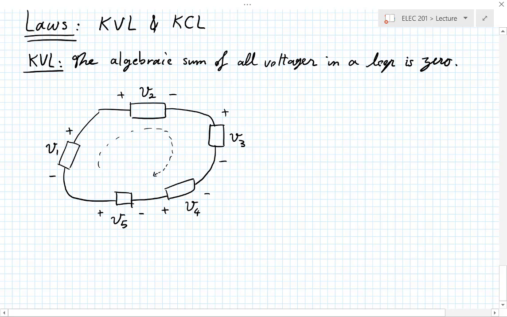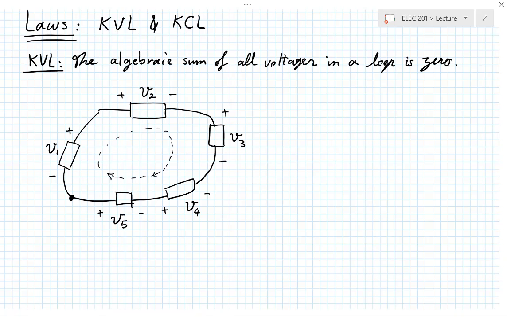Let's start here, maybe it will be more elegant. So I'll start from this node, and go around the loop all the way until I arrive back at that node. That's completing one full path of a loop.